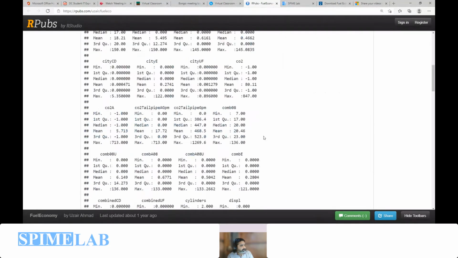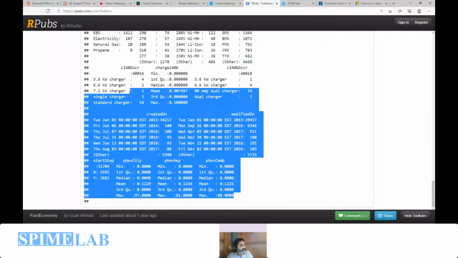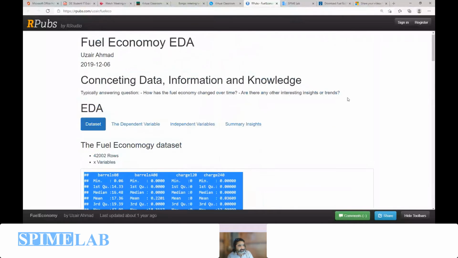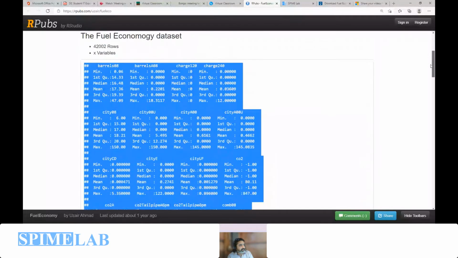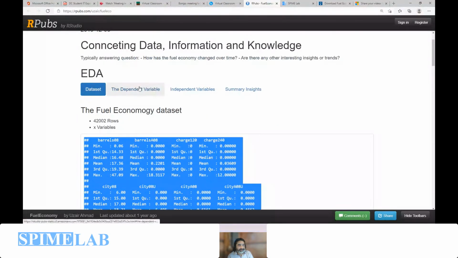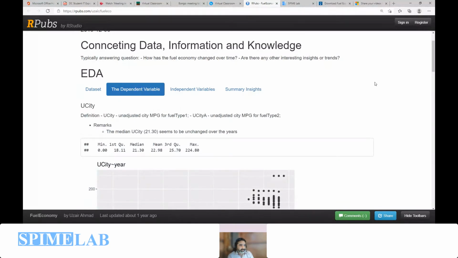So all this numeric representation is very hard to go through and make sense of, but we need this as the first step of summarizing your data. In the next step, you will decide what variable shall represent my dependent variable, what I want to predict. That variable, the dependent variable, you will analyze individually.